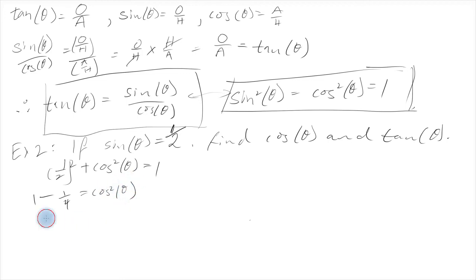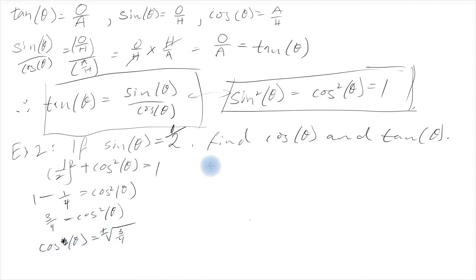So 3/4 equals cosine squared theta. So cosine theta must be plus or minus the square root of 3 on 4. Oops, don't need the squared, we've done the square root. So there we go, we're halfway there.